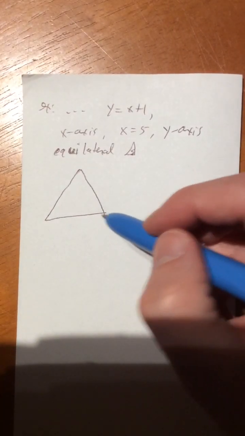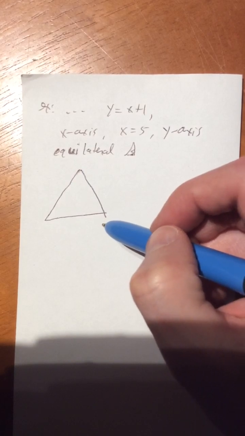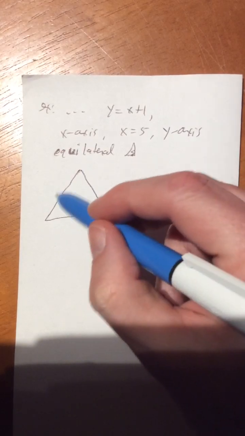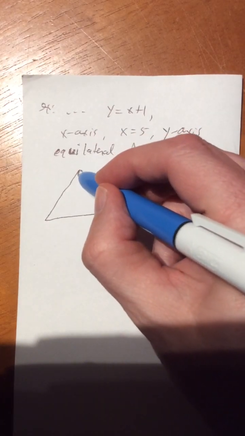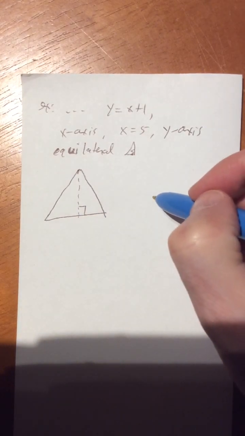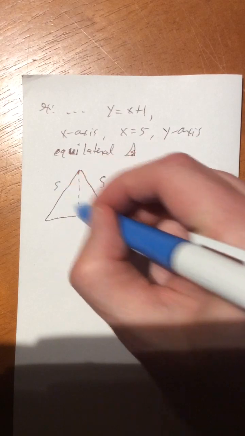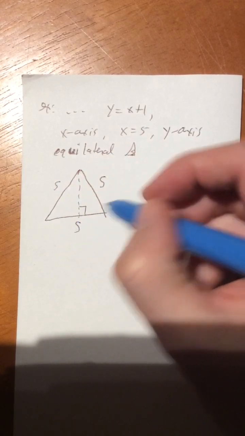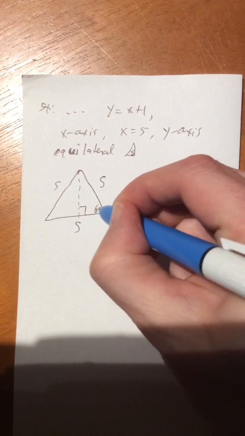Not for me anyway. So in any case, we have an equilateral triangle here, or in theory, an equilateral triangle. And so all of the sides are the same. And so in an equilateral triangle, we can drop an altitude straight down. And so let's say we have a side and a side and a side. And since this is an equilateral triangle, we know that this is going to be 60 here.